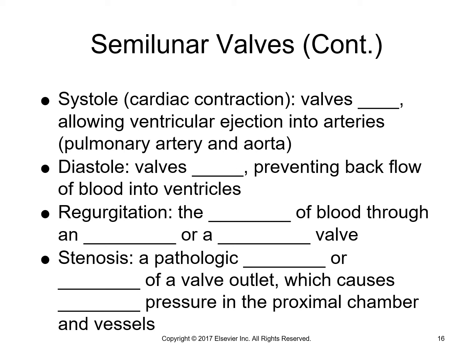During contraction, the semilunar valves are going to open. They allow blood flow into the arteries, out to the pulmonary artery and the aorta. And then during the relaxation part, during diastole, the valves close. That's preventing the backflow of the blood back into the ventricles.